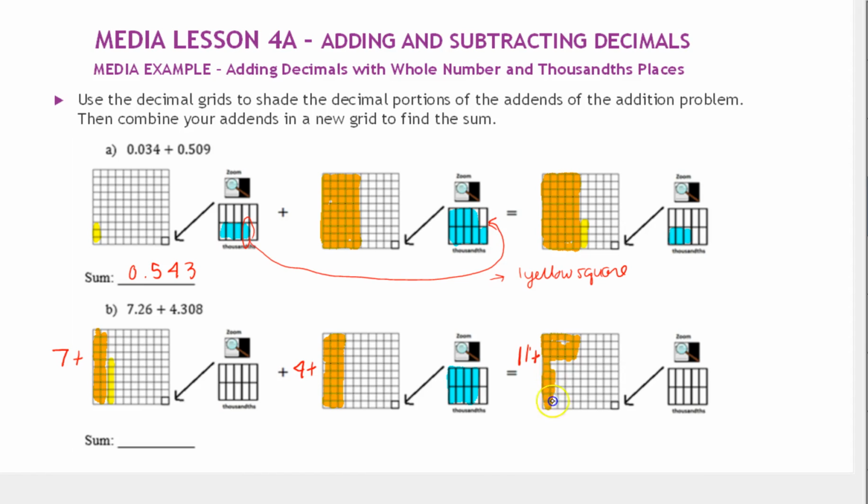So that's half of this unit. Okay, yep, combining the yellow squares. Here we had 6 yellow squares. And combining the thousandths, we still have 8 thousandths.